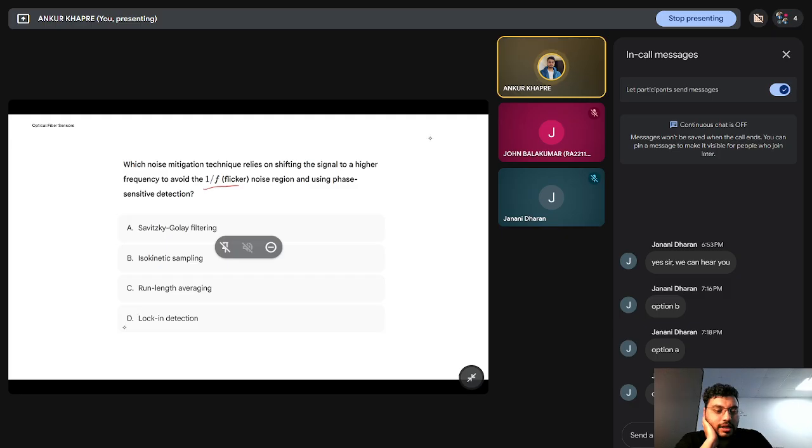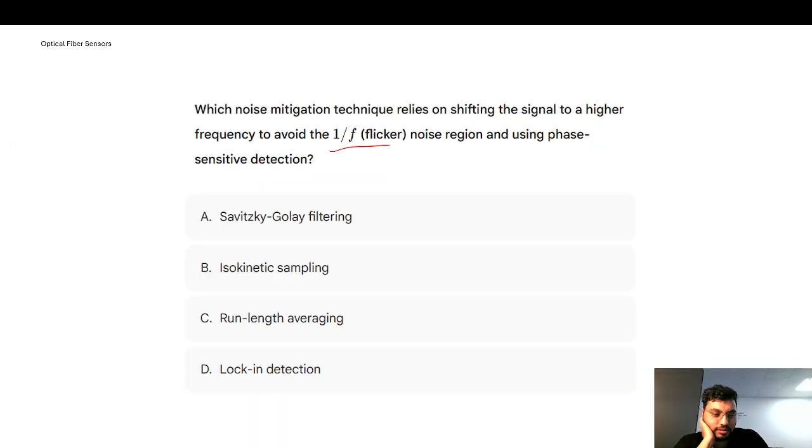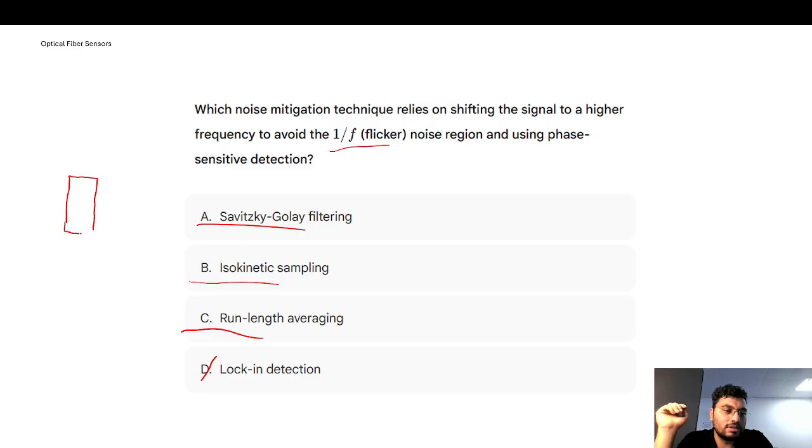So the correct answer will be here, lock-in detection. Why is it? Running average, Savitzky-Golay filtering, and other isokinetic sampling are not correlated with the 1/f frequency noise region, to avoid the noise region. So we can say that lock-in detection works by detecting only in a particular, very narrow region.